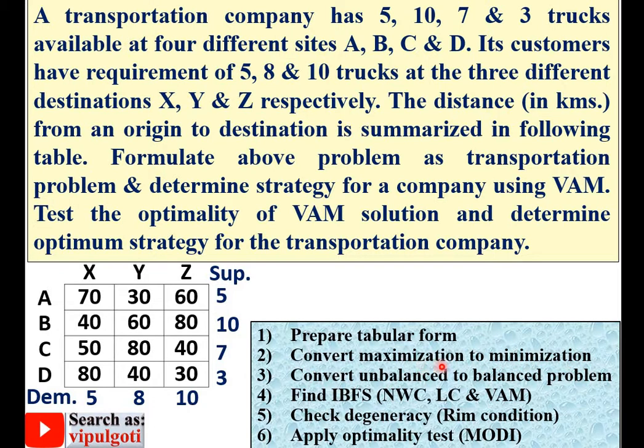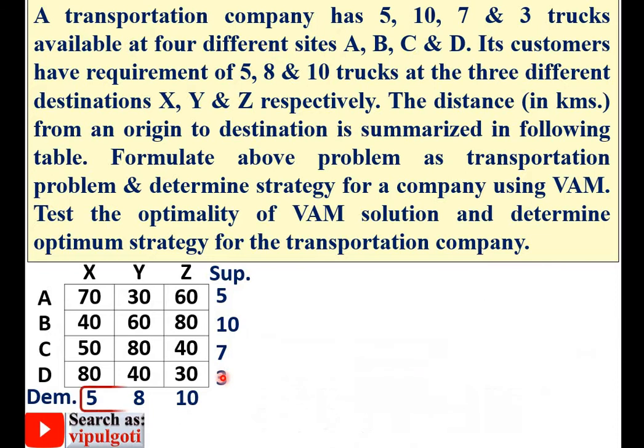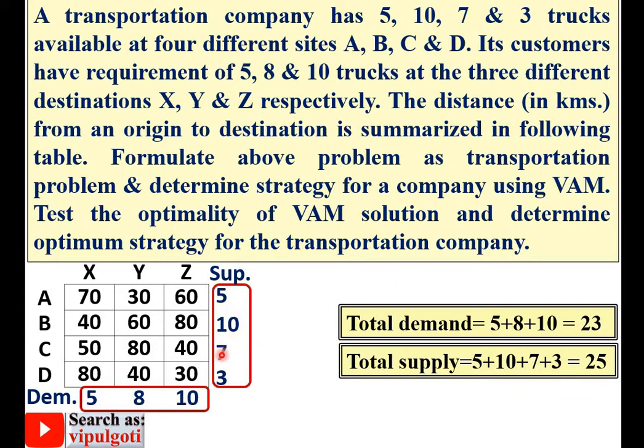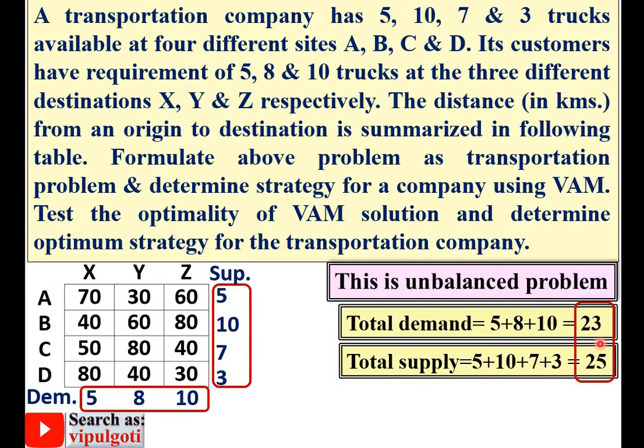Next step, convert the unbalanced problem to a balanced problem. For that, you have to find the total demand and total supply. Total demand is 5 plus 8 plus 10, and that will be 23. Next, total supply is 5 plus 10 plus 7 plus 3, and that is 25. Look at these two values, both are not the same, so this problem is an unbalanced problem.